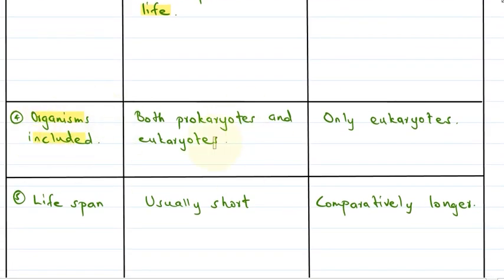So in case of unicellular organisms both prokaryotes as well as eukaryotes are included, whereas in case of multicellular organisms only eukaryotes can be included. Then if we talk about lifespan, usually it is shorter in case of unicellular organisms and comparatively the lifespan is longer in case of multicellular organisms.